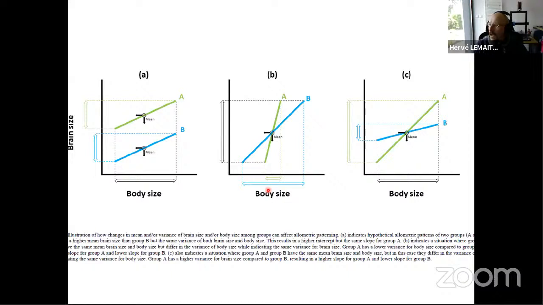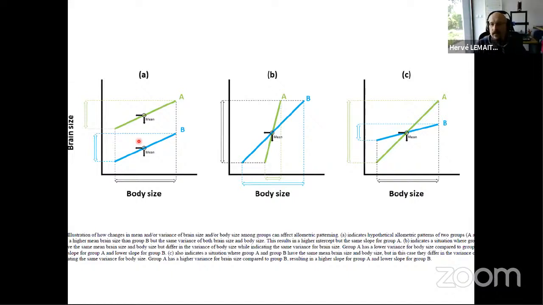Another case is case C, where you have a variation of brain size and not body size, which also creates a change of slope. And that is happening in the hominins, where you have a change of locomotion, when you go to use your two feet and go to bipedality.